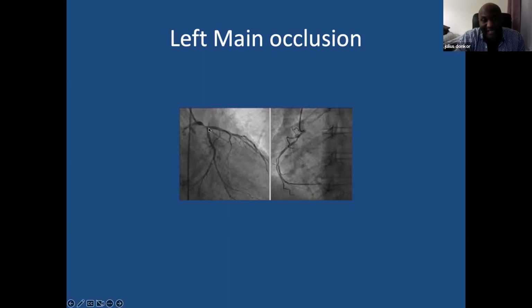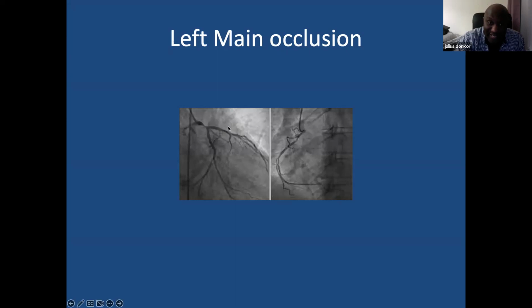So if it's high lateral, then it's usually either your first diagonal or one of the obtuse marginals from your circumflex. When the angiogram is done, the circumflex will be coming from the left side. So that supplies blood to the lateral LV wall.